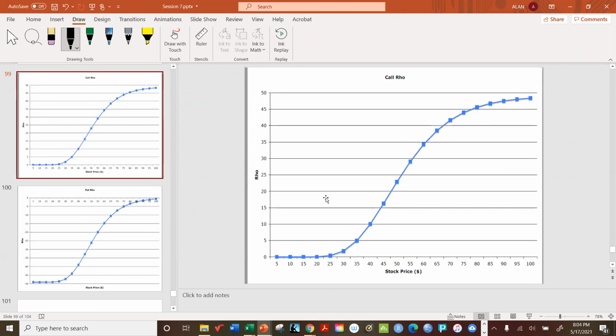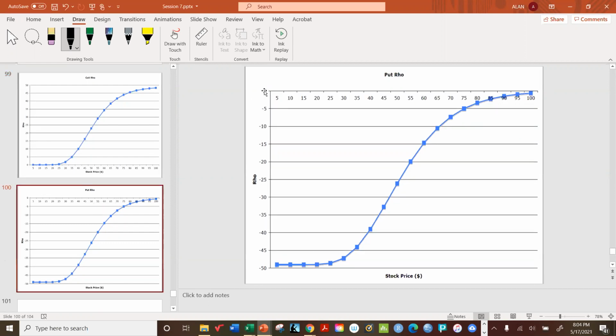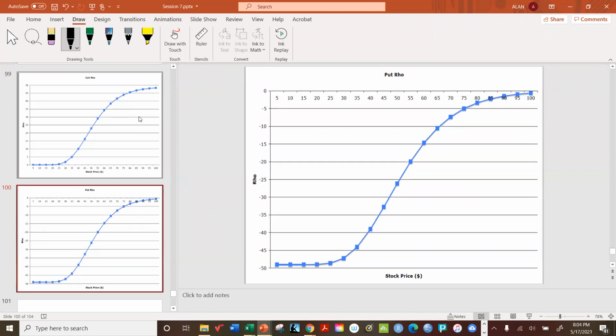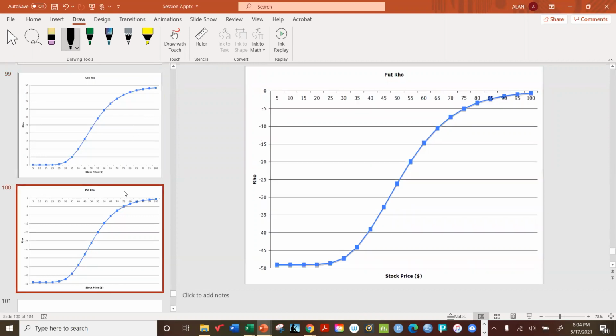It looks a lot like the call delta, doesn't it? It sure does, except that the numbers are different. The call delta is bounded between 0 and 1. The call rho doesn't have an upper limit. But the shape is exactly the same. And guess what? Look at the put. This one has to be negative, but still, it's the same shape. So this does look a lot like the relationship between the call delta and the put delta, except now it's rho.